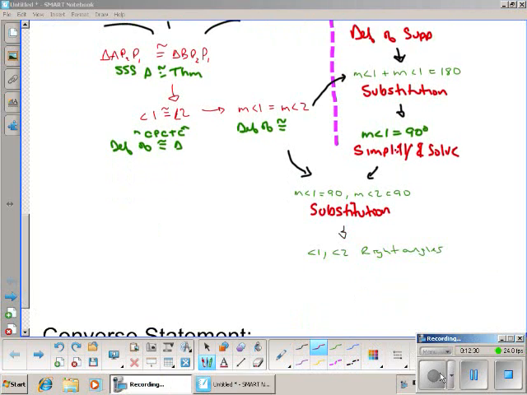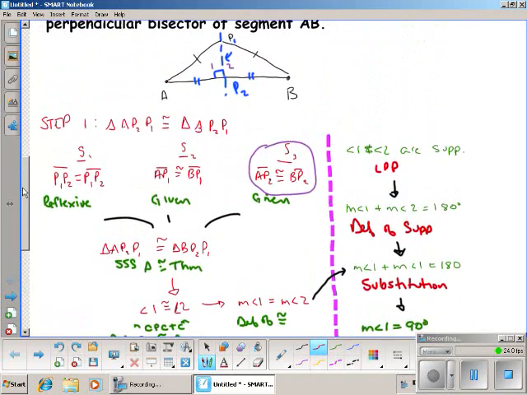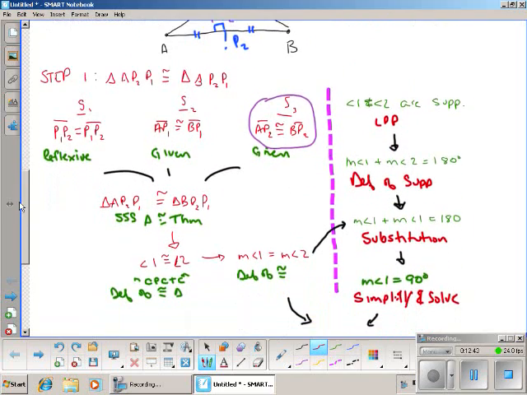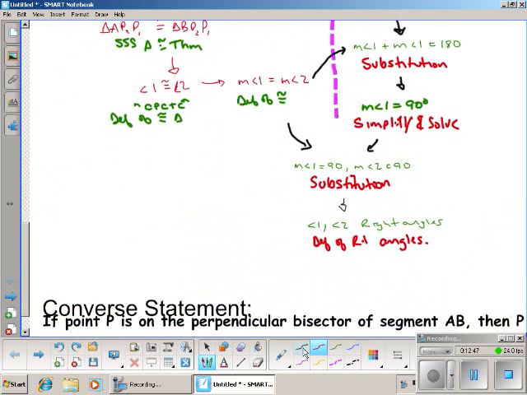Okay. Well, if angle 1 and angle 2 are right, we were trying to prove this is a bisection, so we should, or I'm sorry, a perpendicular. So now that they're both right, we should be able to claim clearly that we have a perpendicular crossing. So I should be able to claim at this point that the line P1, P2 is perpendicular to AB.